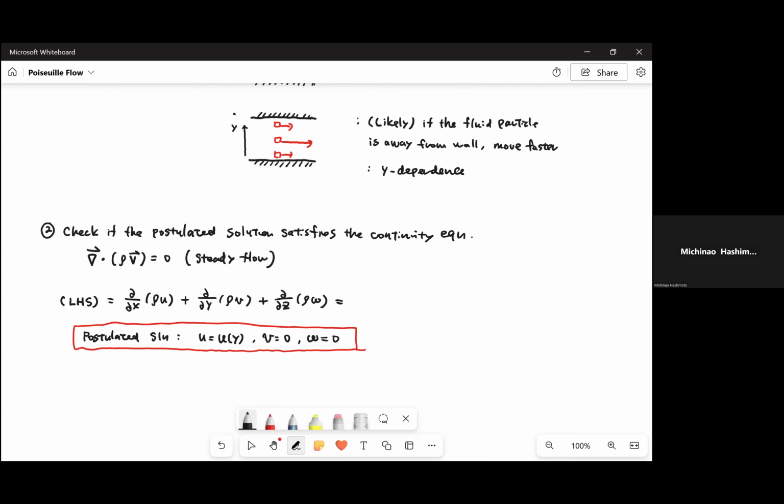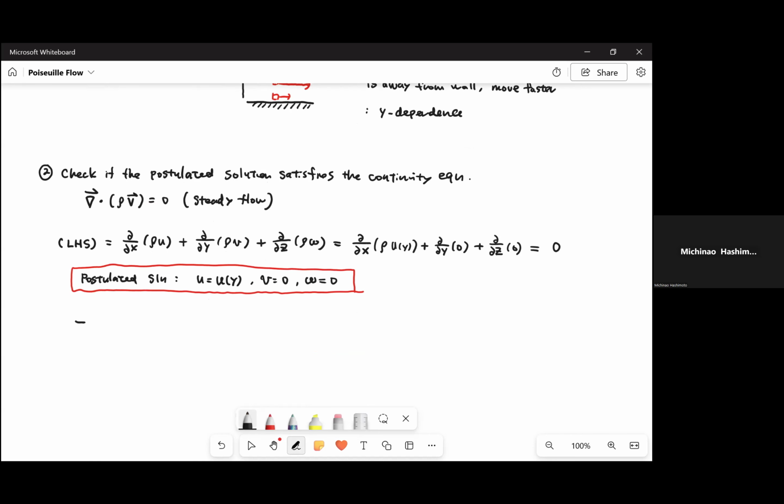Let me write this explicitly: d/dx of rho u of y, plus d/dy of 0, plus d/dz of 0 equals, again, the first term just disappears. So this is great.